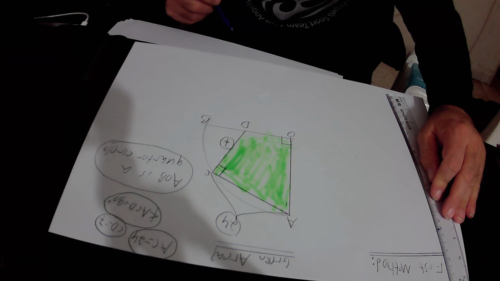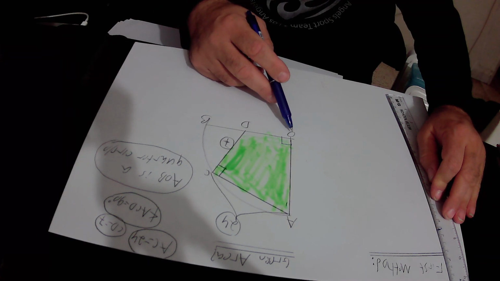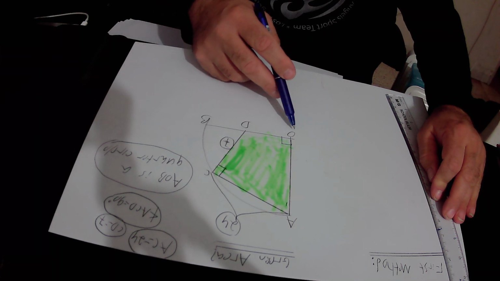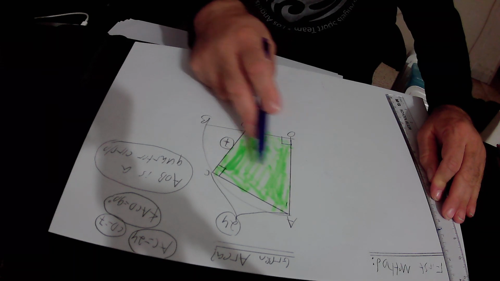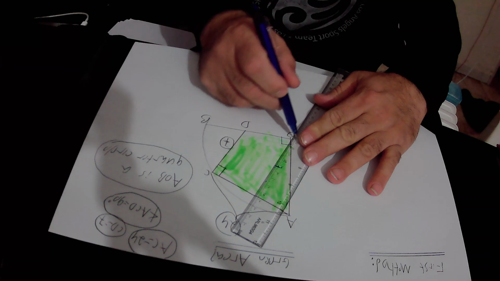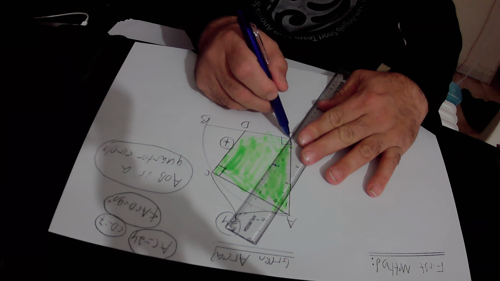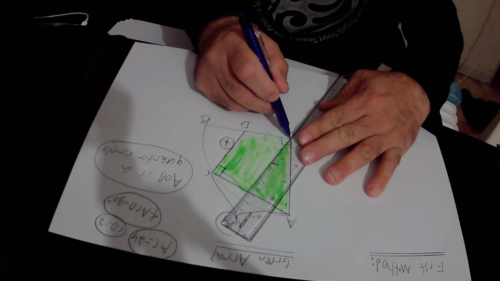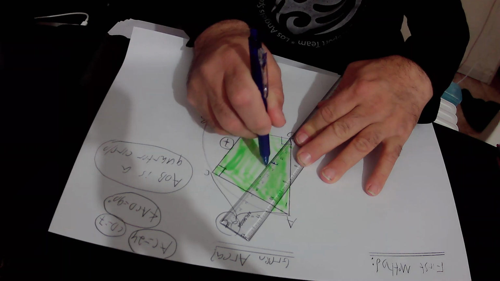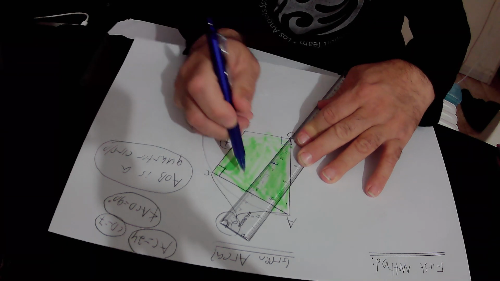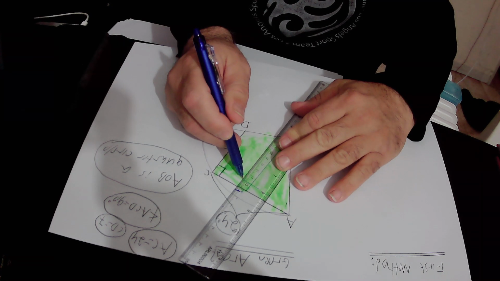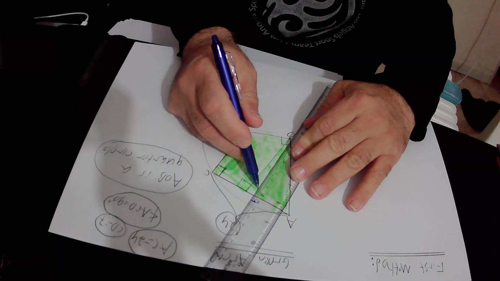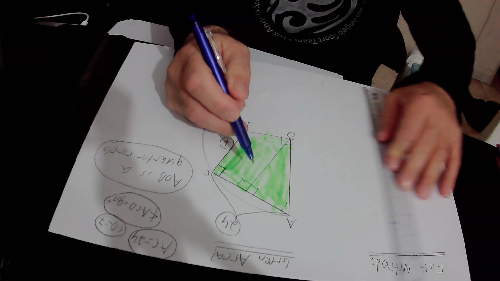Okay, so from the center of the circle, that is to say from point O, we'll draw a perpendicular to chord AC. So this angle equals 90 degrees, and this angle also equals 90 degrees according to our construction.